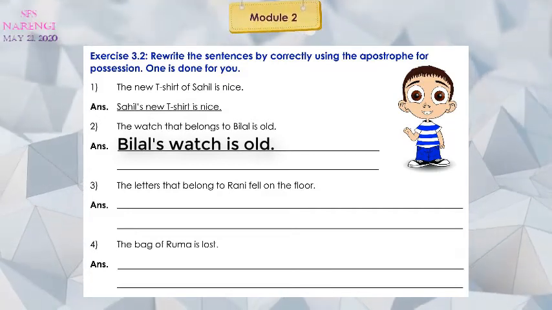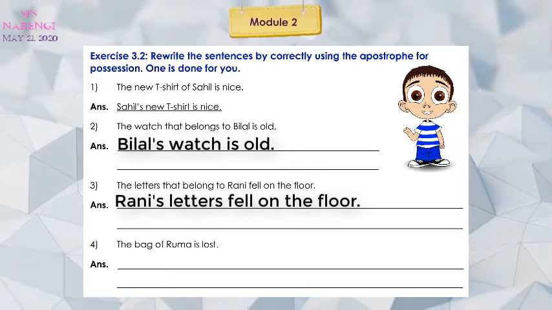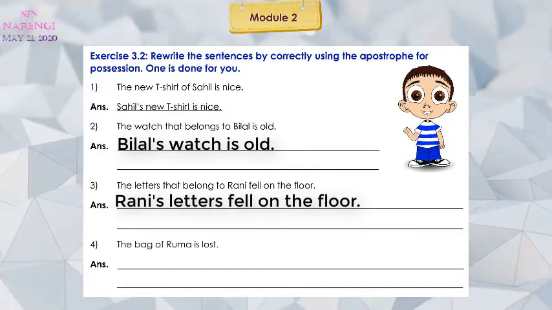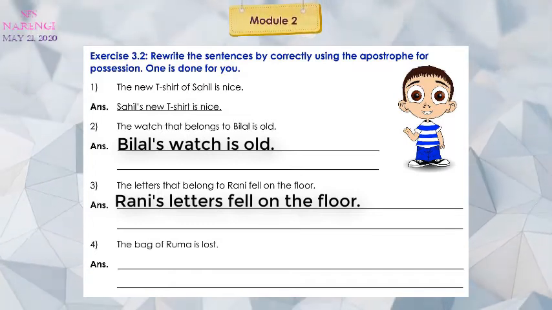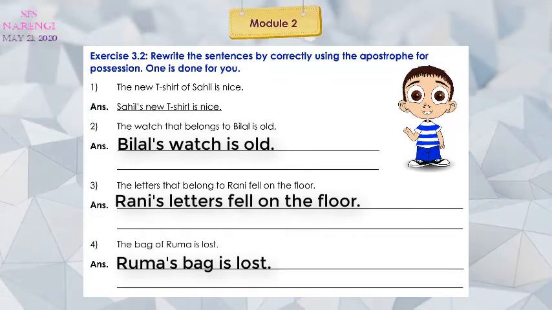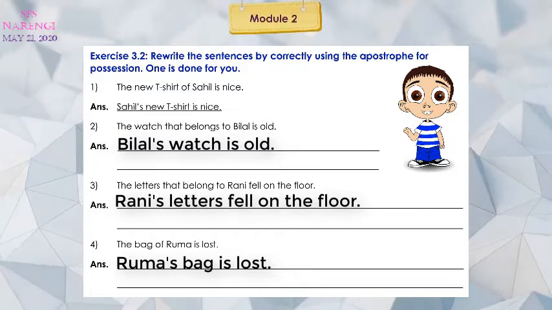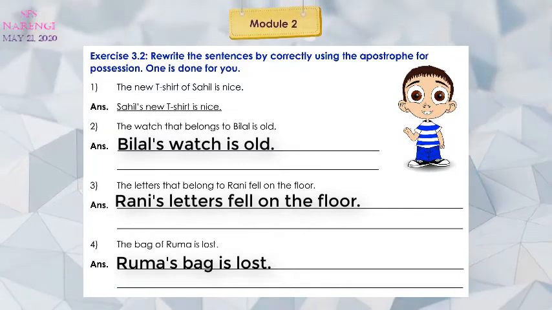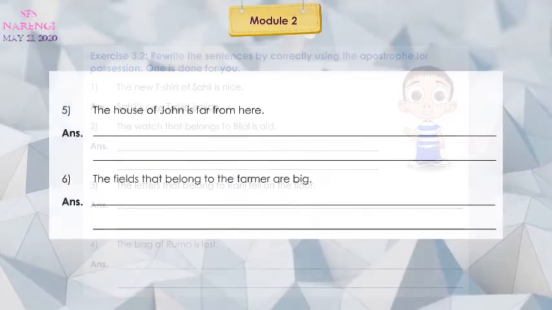So what will be the correct answer? Rani's letters fell on the floor. Number 4. The bag of Roma is lost. So what will be the answer? Roma's bag is lost. So how are we going to write it down? R-O-M-A apostrophe S. Roma's bag is lost.